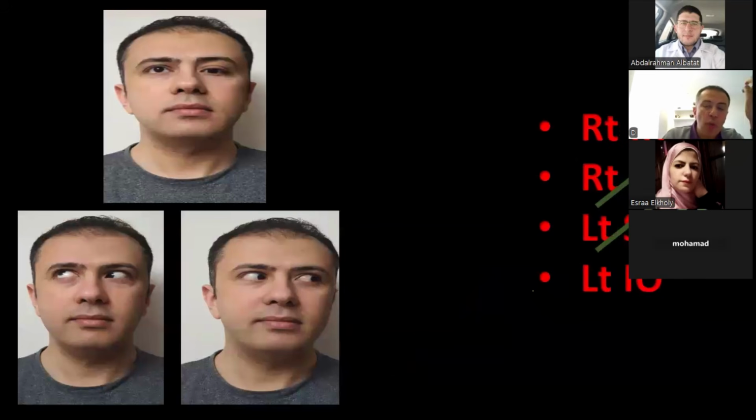What will differentiate between both? Head tilt. And before going to the third step, you have to ask yourself, what will happen normally in head tilt? The eye at the side of the tilt will be obliged to intort, and the other one will extort. So now, when we tilt your head to the right side, what will happen? Both eyes will be rotated left, which is called extorsion of the left eye and intorsion of the right eye. And now it's worsened when we have left head tilt.